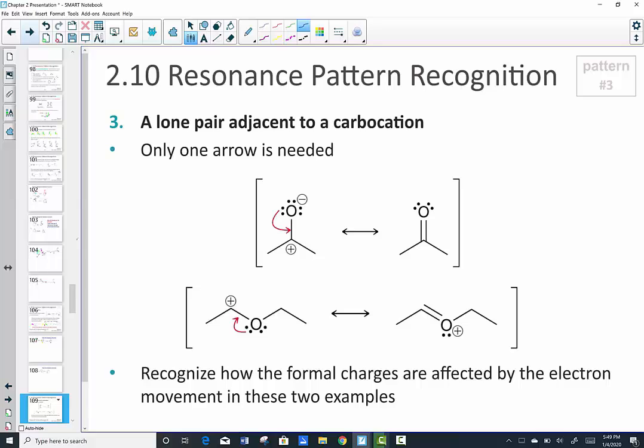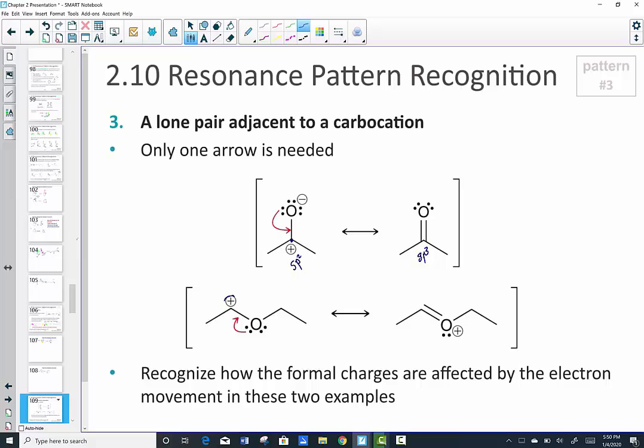Third pattern says a lone pair adjacent to a carbocation. Here is a carbocation. Notice that's an empty p orbital. It's an sp2 hybridized carbon, which means that empty orbital has room for a bond. So I can turn it from sp2 to sp3 with a resonance structure.